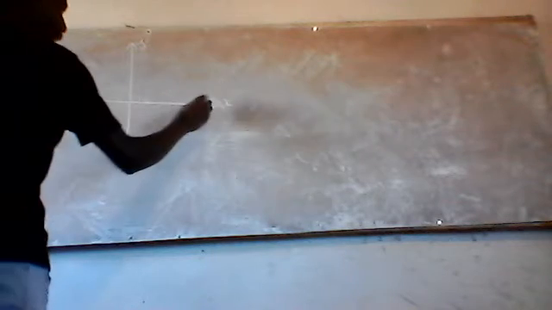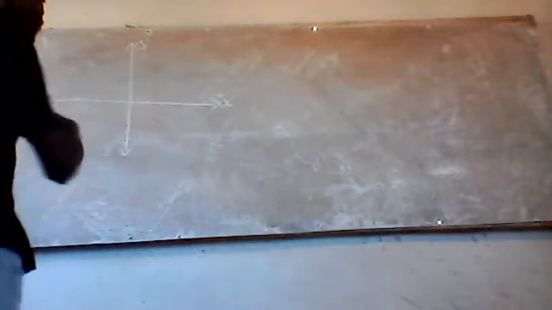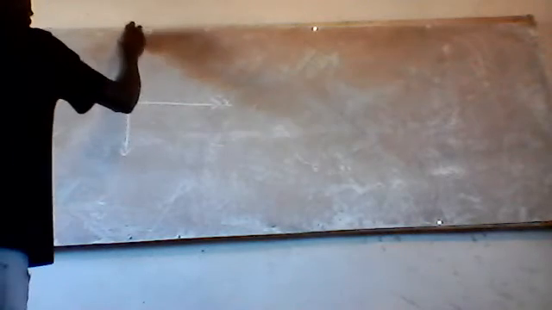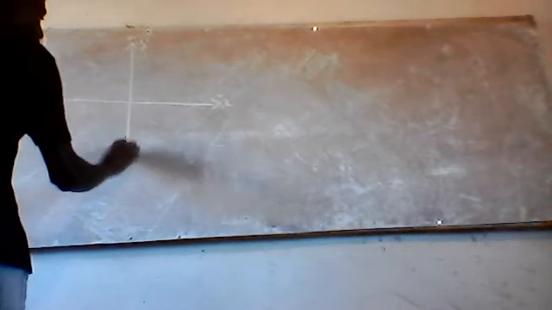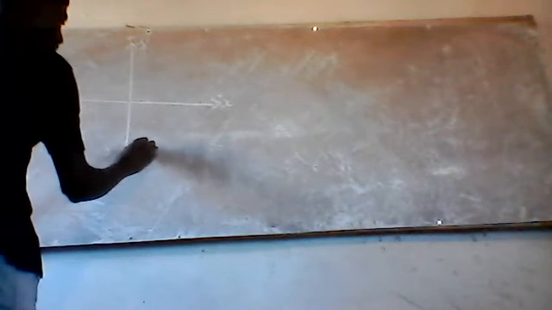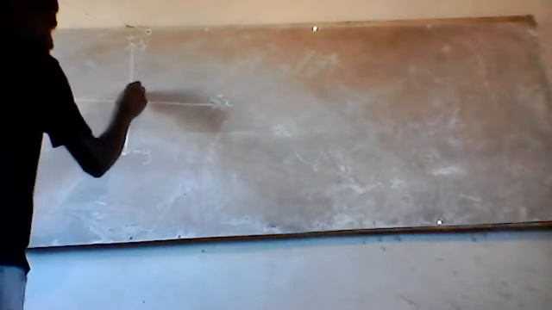From 0 to the right, your x is positive there, and from 0 upwards, you are having your y as positive. The opposite is true. From 0 vertically downwards, you are having your y as negative, and from 0 to the left, you are having your x as negative. So if you were to look at this, this is the first quadrant, guys.